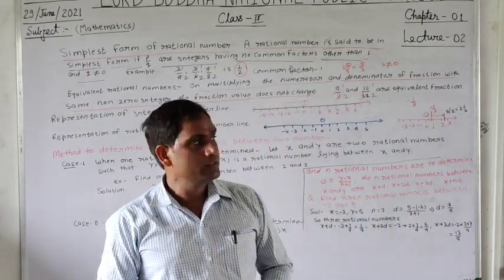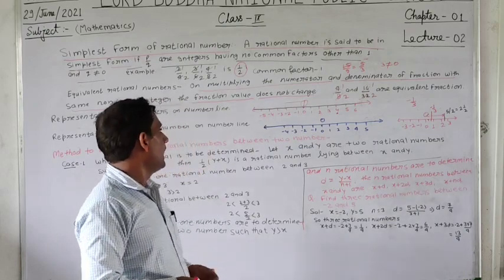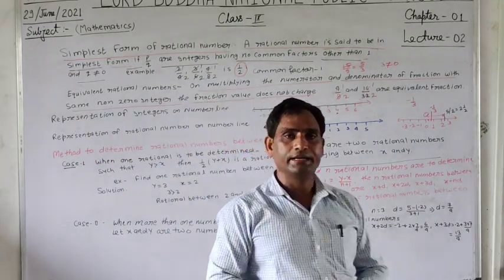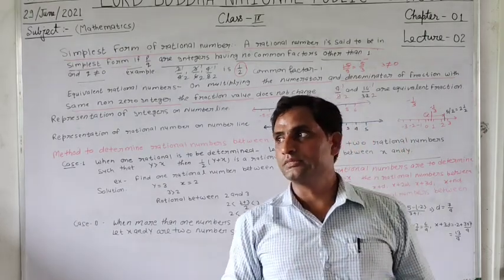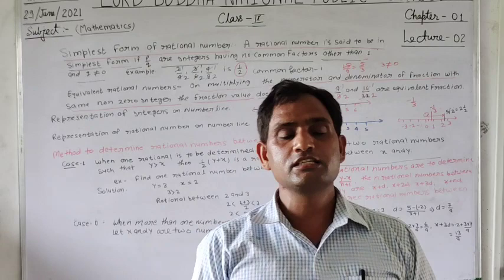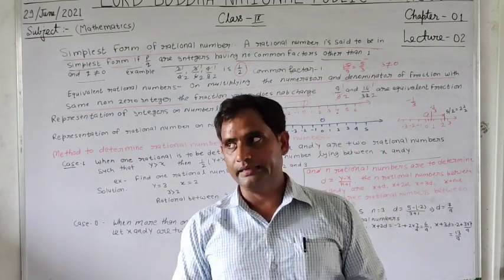Clear? Now, we will learn how to find rational numbers between two given numbers. There are 2 conditions or cases.